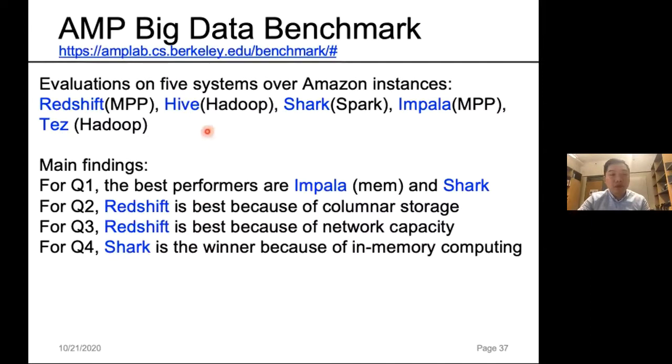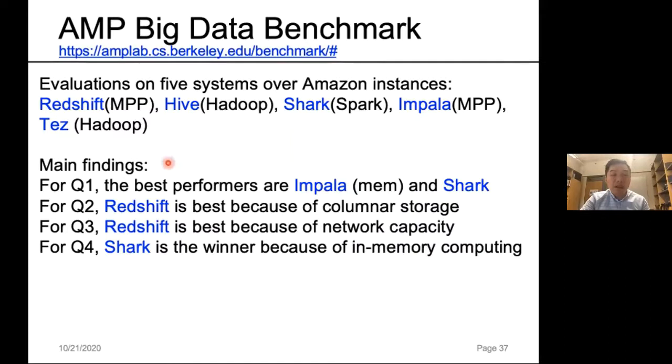The AMP benchmark conducted an evaluation over 5 systems. The first one is Amazon Redshift, which is based on the massively parallel processing architecture, Hive, based on Hadoop, Shark, based on Spark, Impala, based on MPP, and also Tez, based on Hadoop.